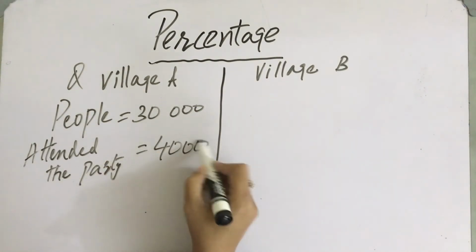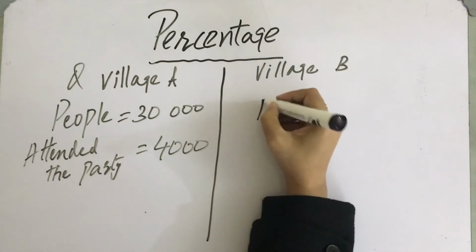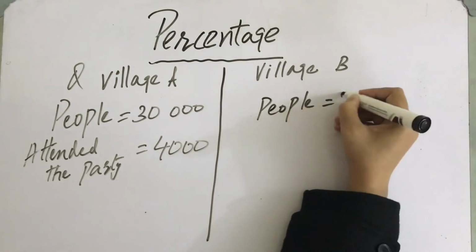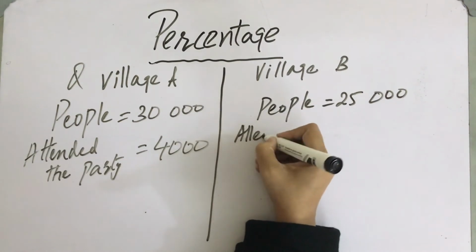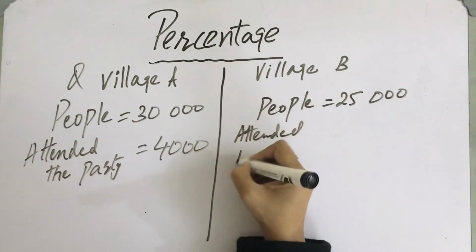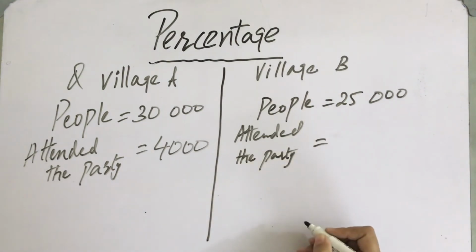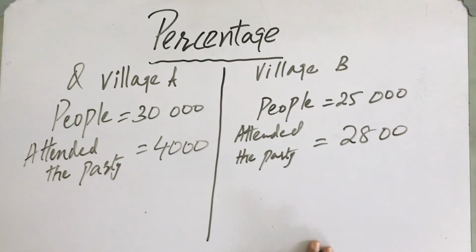In village B there are 25,000 people, and out of that the number of people who attended the party is 2800. So we have to find which village had a higher percentage of people who attended the party.